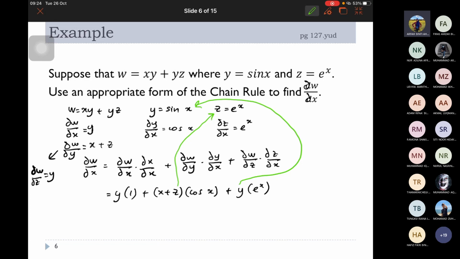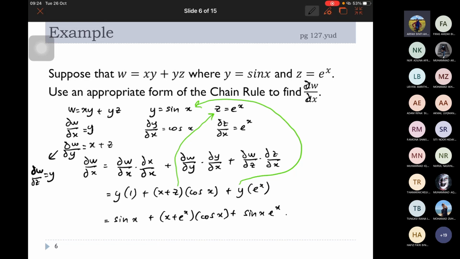So everything will be in terms of X. So from here, sin X plus exponential X cos X plus sin X exponential X. Okay. So this is the answer.